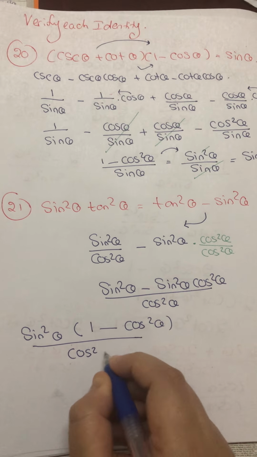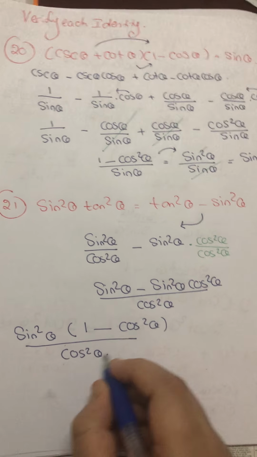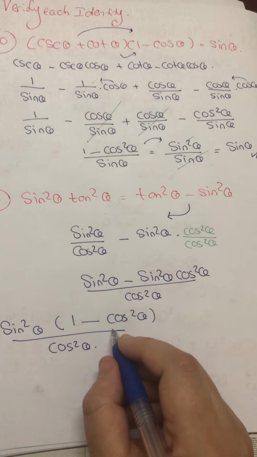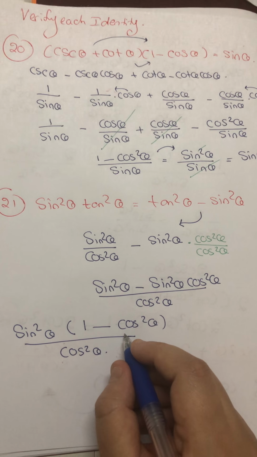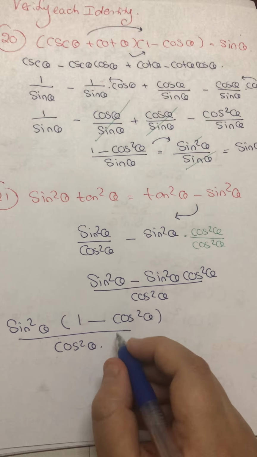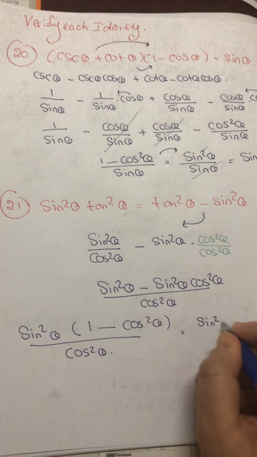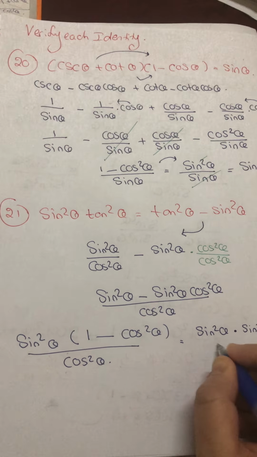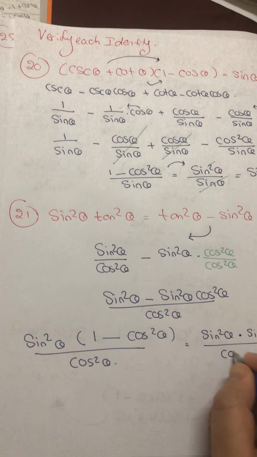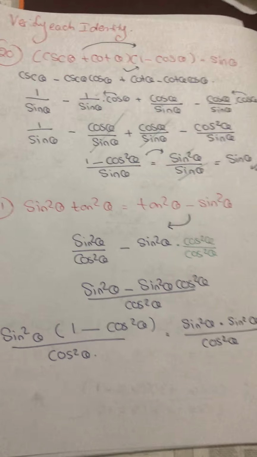Over cosine squared theta. And 1 minus sine squared theta is sine squared theta, right? So I'm getting sine squared theta times sine squared theta over cosine squared theta. And what is sine squared theta?